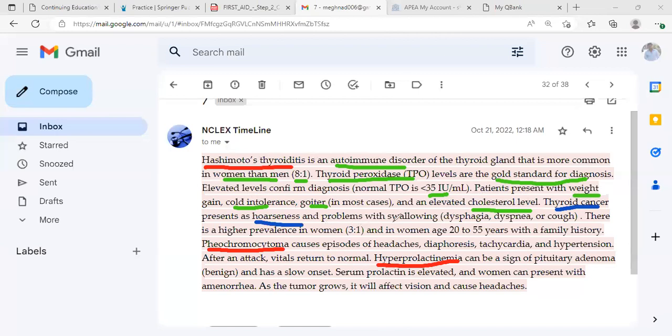Also problems with swallowing, like dysphagia, dyspnea, and or cough, shortness of breath, and difficulty of deglutition. And this is highly prevalent in women, 3:1, just like Hashimoto thyroiditis, also more common in females. And also ages 30, 22, 35 years with a positive family history. So it is another factor.